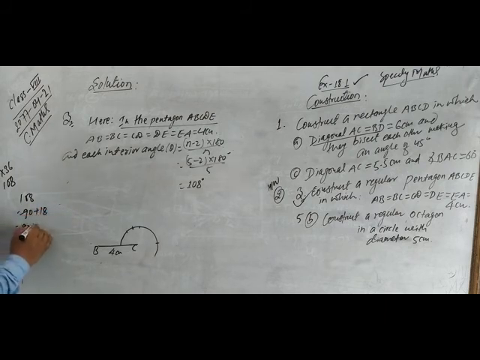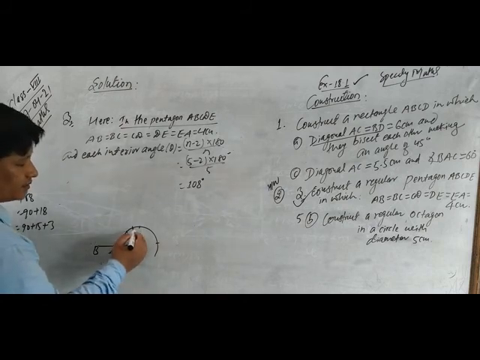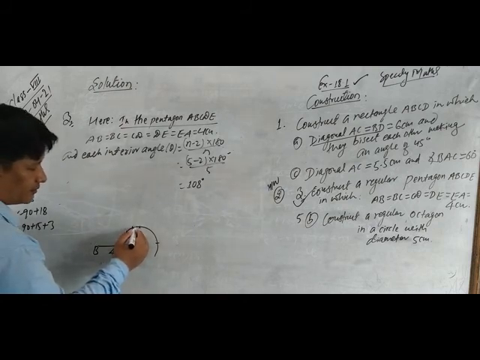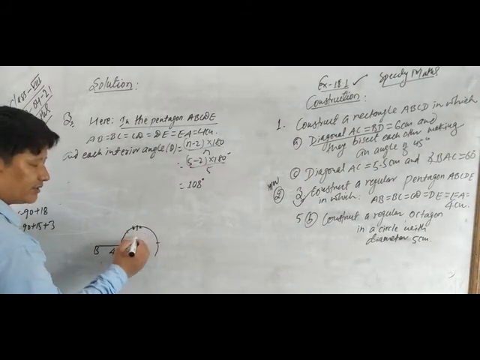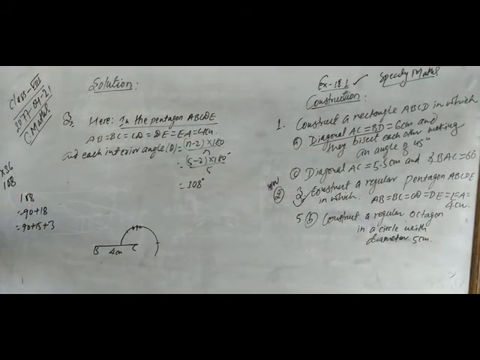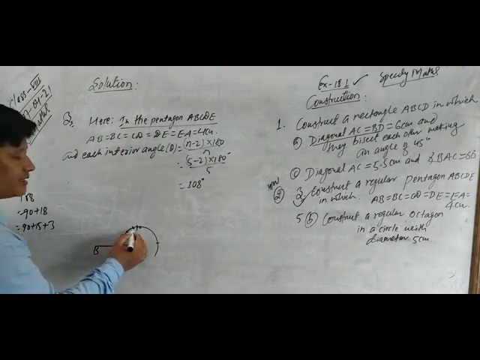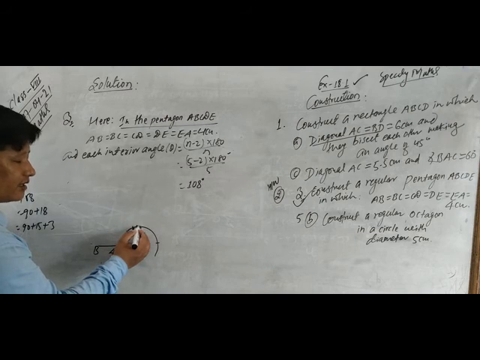It means 90 plus 15 plus 3. So 15, 30, bisect the 30, so you will get this one. So 60 plus 30, 90, 90 plus 15, 105.